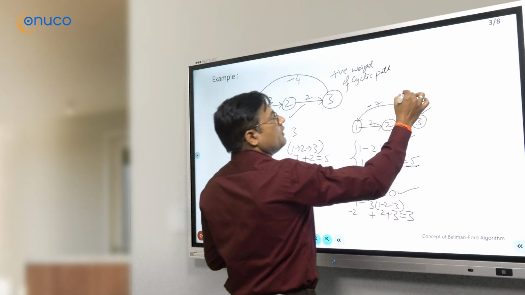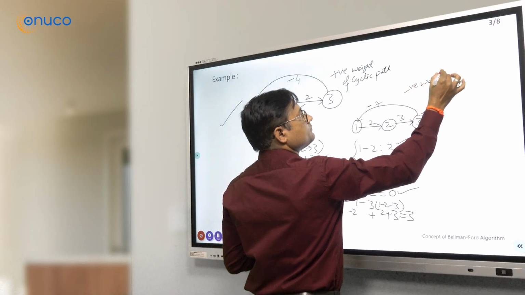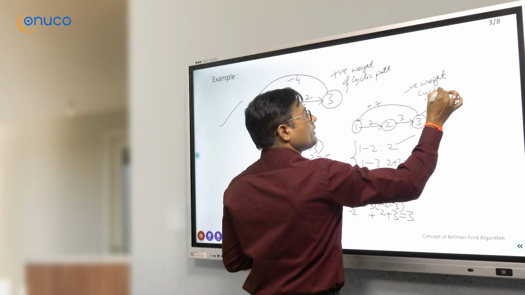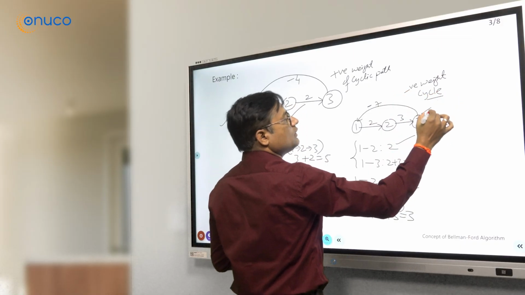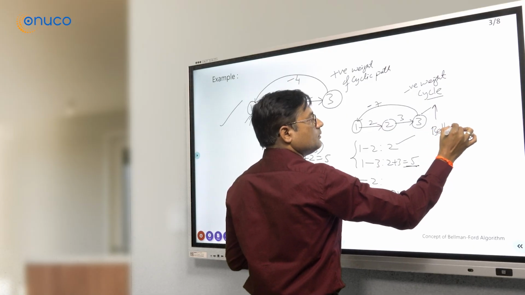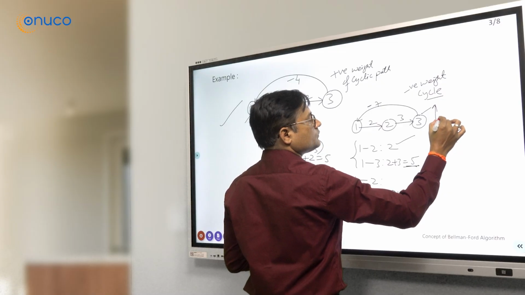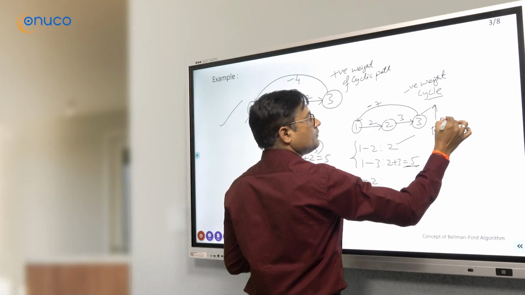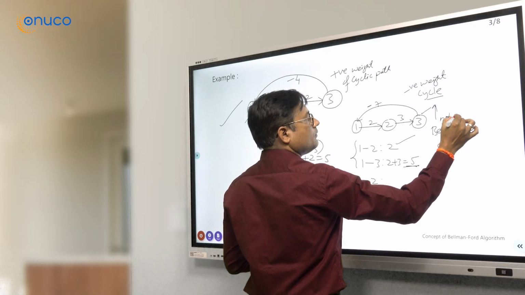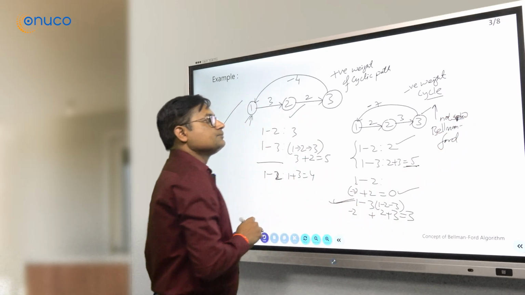That is why, if there is a negative weight cycle, then we cannot apply Bellman-Ford. We cannot apply Bellman-Ford. Okay.